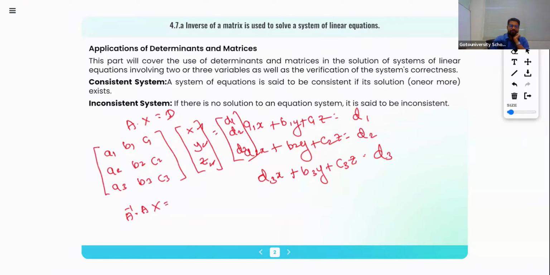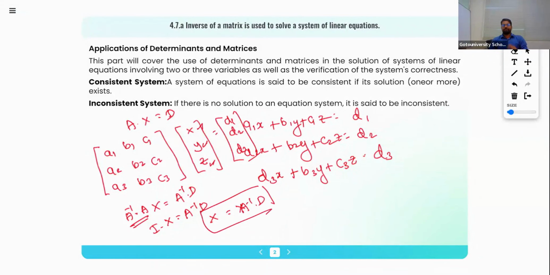So I end up with A inverse into D, and this will become the identity matrix I times X equals A inverse D. So finally, what is the value of X? It will be A inverse into D. So this is the method where we use the inverse of a matrix to get the solution of a linear equation.